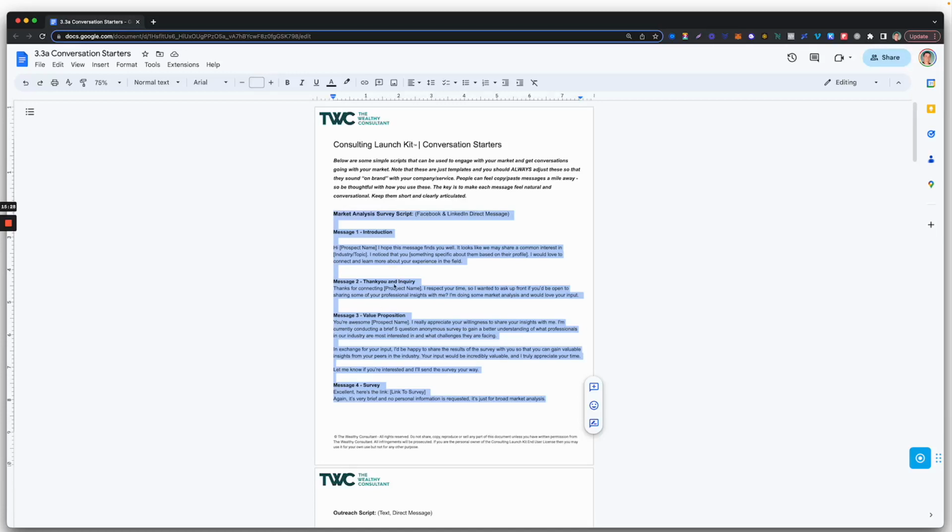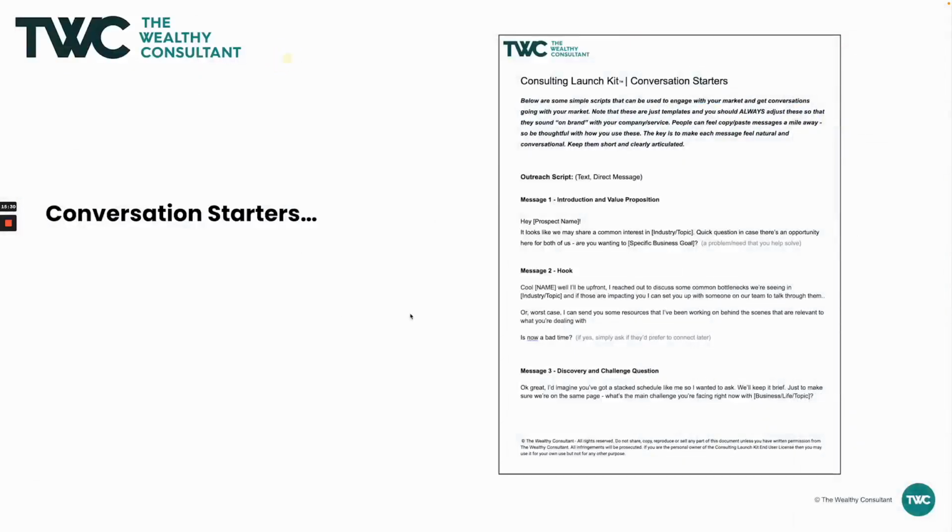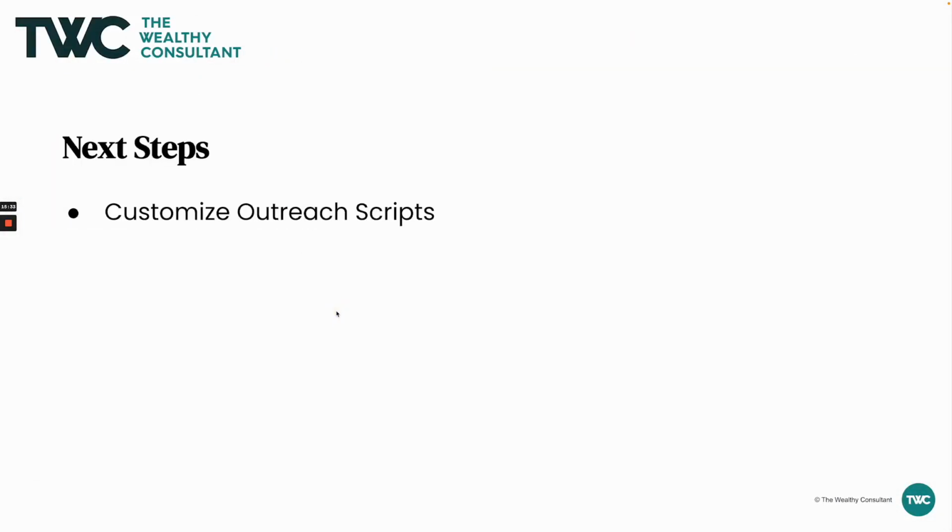Awesome, guys. So let's work on it. That's the next step, is to customize this script. Make sure that you keep track of your version 1.0, your 2.0, 3.0, etc., and begin engaging with the market.